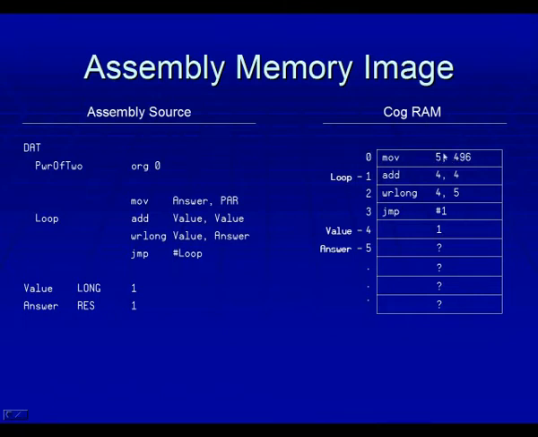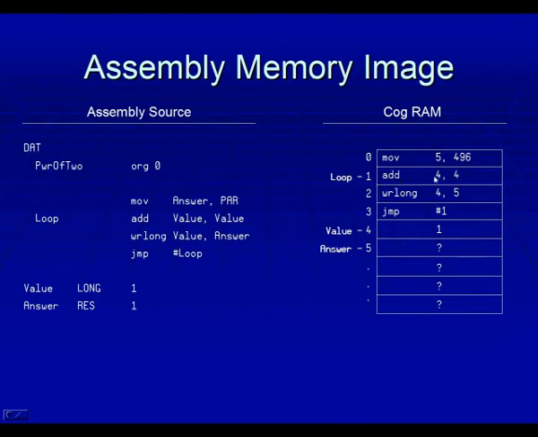The 5 here in the move command points down to the answer register, which is the 6th one down at index 5. That's where the answer label was calculated to be when the assembly code was compiled. And the 496 happens to be the location of the par register, which is a predefined register. The same thing goes for all the other instructions.